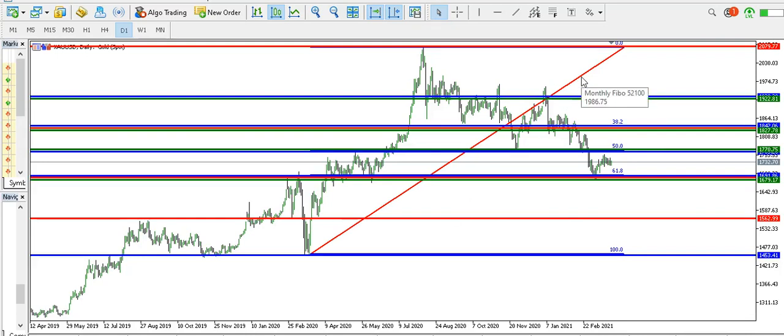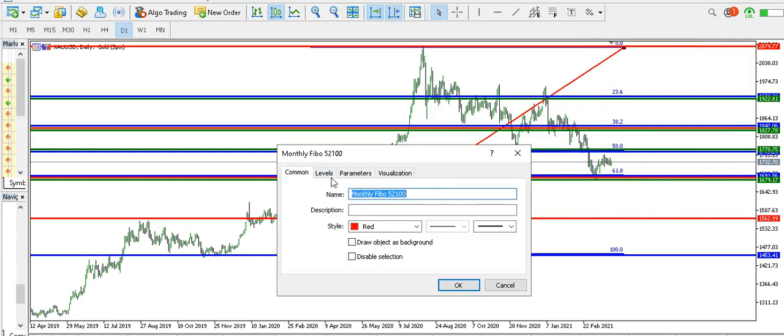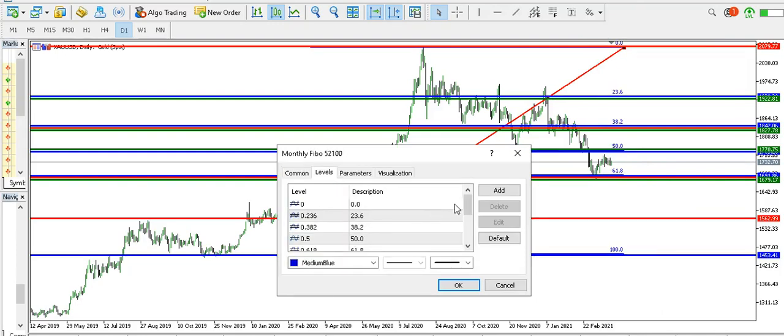I need to draw the 74.6 Fibonacci level, so that in case price drops, we can know where price will go.